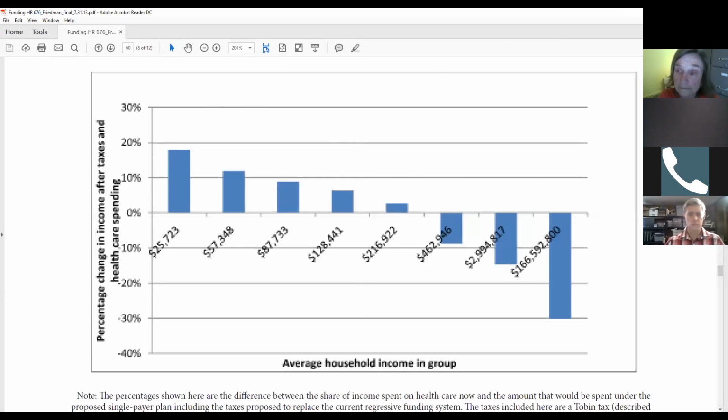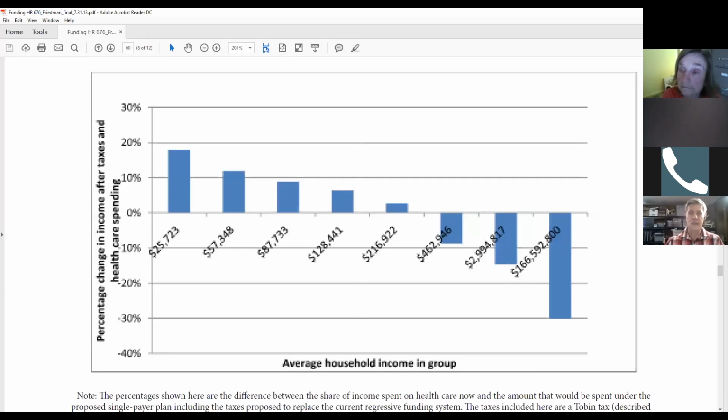So using those calculations that Dr. Friedman put together, those calculations are what are driving this calculator. So based off of your earned income, your additional taxable income, so this would be the things that are subjected to that 6% unearned income tax, and then your current insurance premiums, your current out-of-pocket expenses.